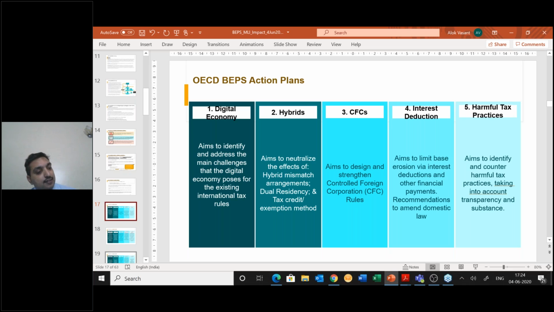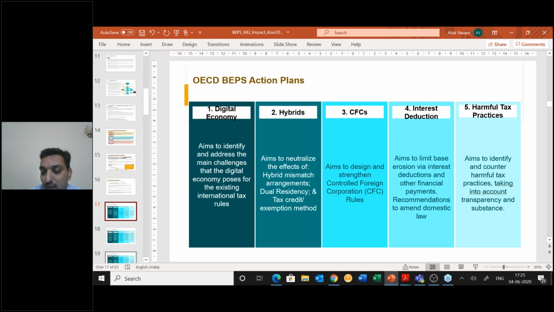But what they said is that, in the interim, countries can look at introducing significant economic presence as a basis for taxation. Countries can look at introducing equalization levy, digital withholding tax, or digital service tax. Now, these are unilateral measures, and this is bound to create some confusion.